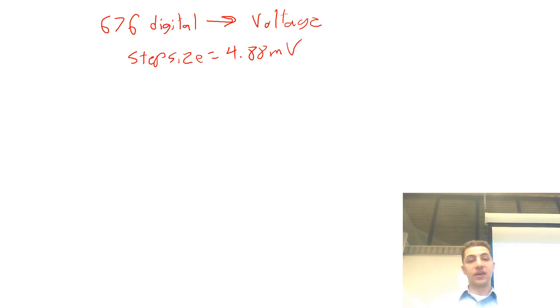So all I'm going to do is take 676, multiply it by 4.88 millivolts. And I get 3.3 volts. Now, I'm going to take 677 for fun and giggles here. 677, multiply it by 4.88.